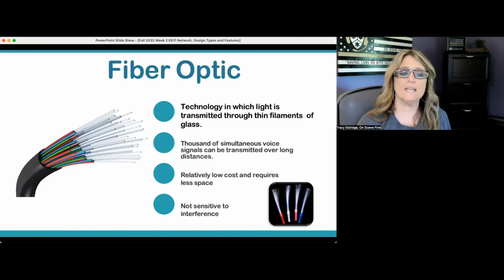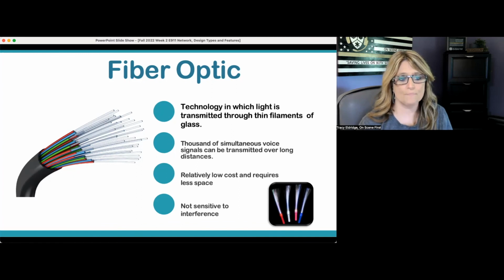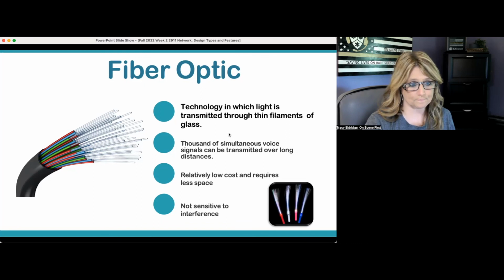Thousands of simultaneous voice signals can be transmitted over long distances. So this makes sense, right? It's relatively low cost and it requires less space. Look at how tiny those little things are. And they are not sensitive to interference.